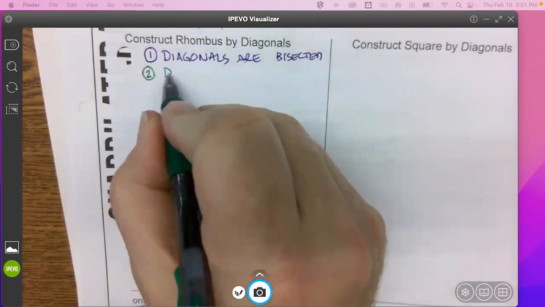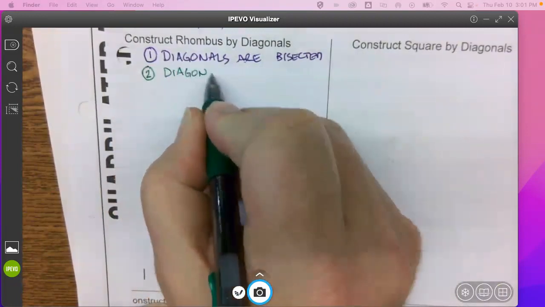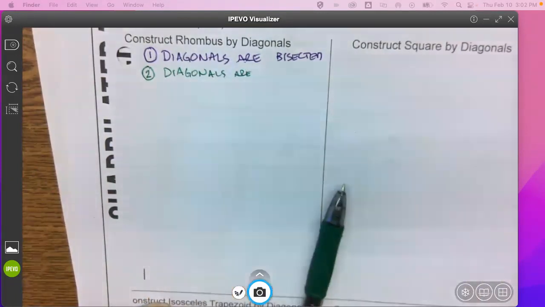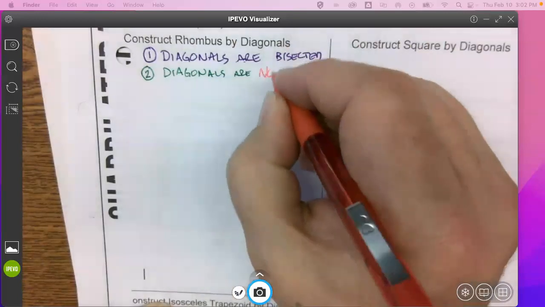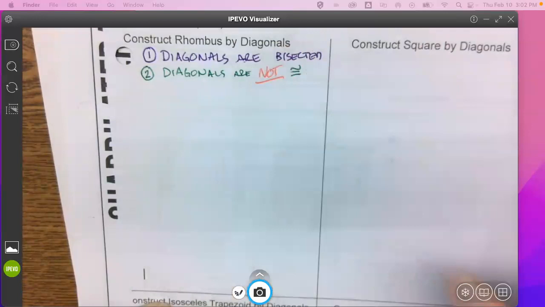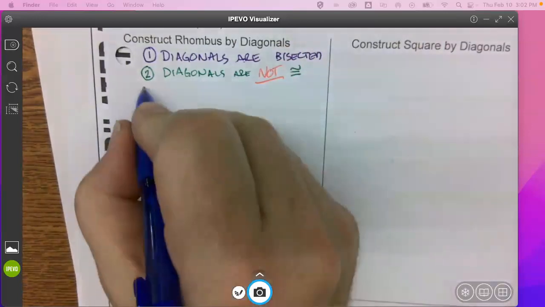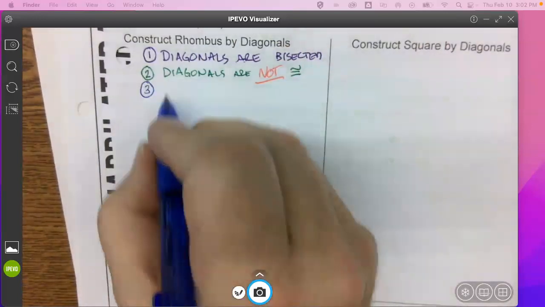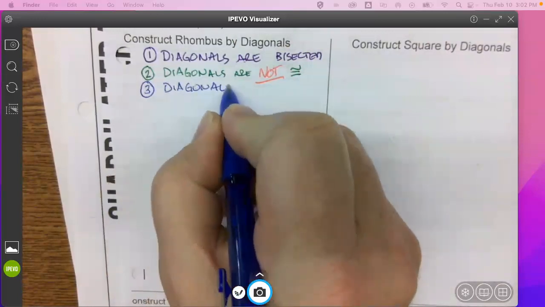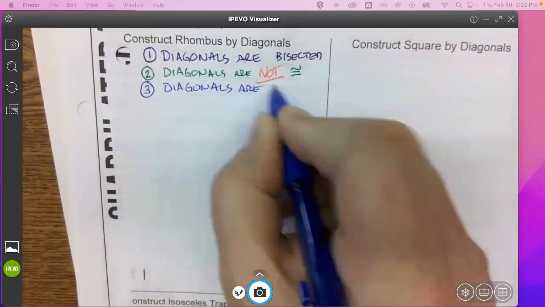Are the diagonals congruent? No, rectangle is where they go congruent. So rhombus doesn't have to be. But as Kenyon suggested, the diagonals do have a new feature here. Yep. They're perpendicular.